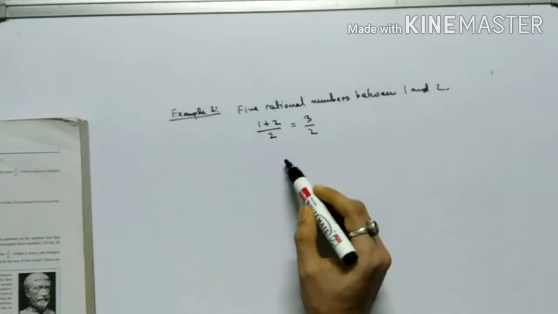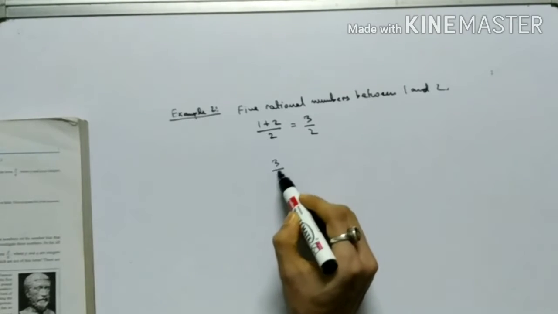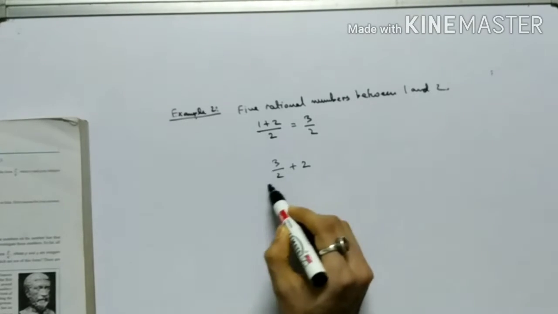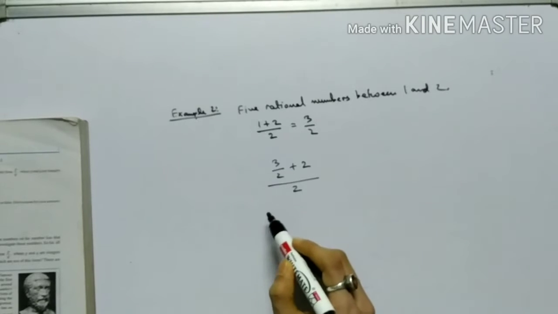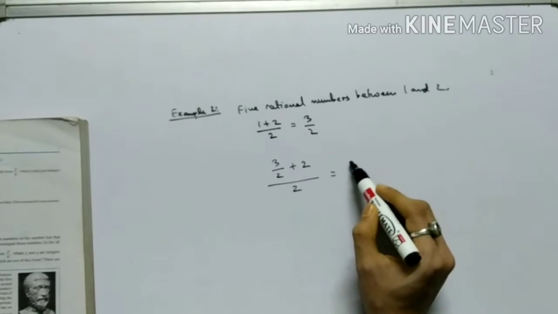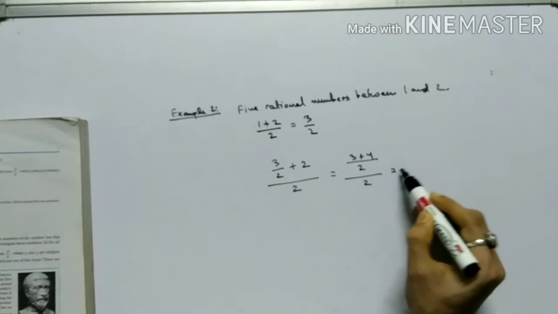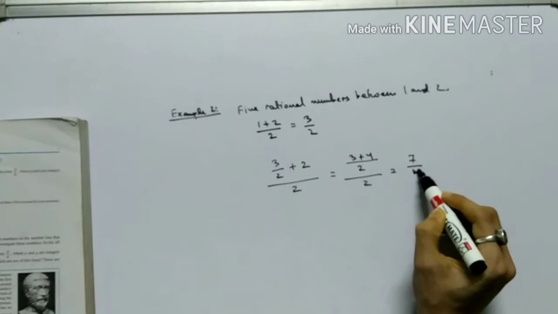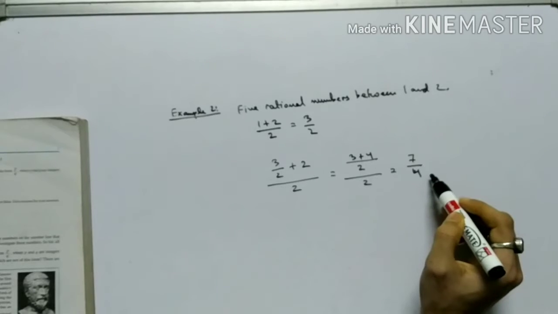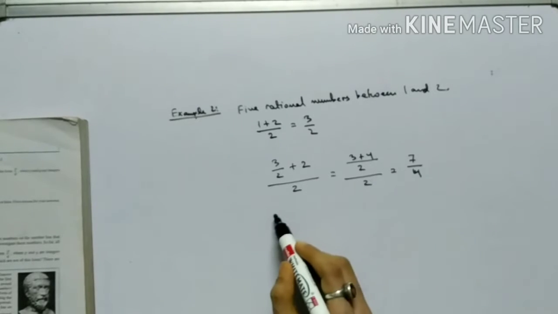Again next I can do 3 by 2 plus 2 by 2. This gives me 3 plus 4 by 2, which is equals to 7 by 4. So again 7 by 4 lies between 1 and 2.